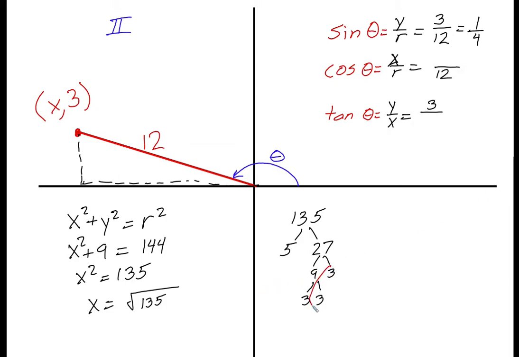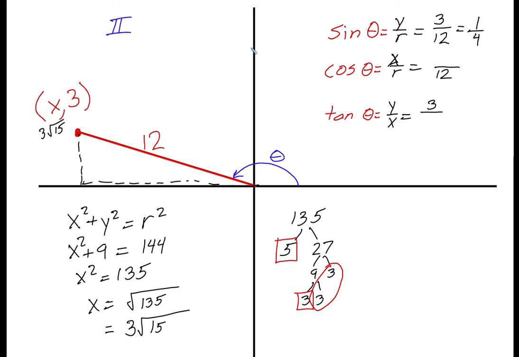And I see a pair of 3's, and then I've got an unpaired 3 and an unpaired 5. That means the pair gets to be outside the square root, and inside the radical sign are going to be the things that were unpaired. So the 5 and the 3 multiplied together are 15. x is 3 times the square root of 15.